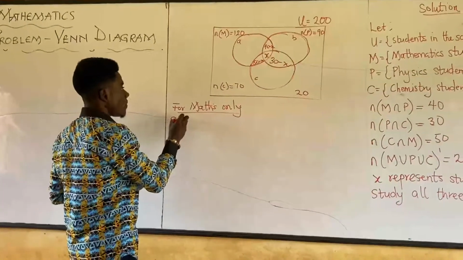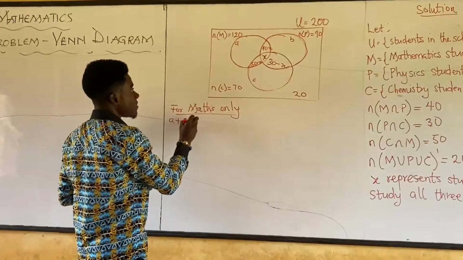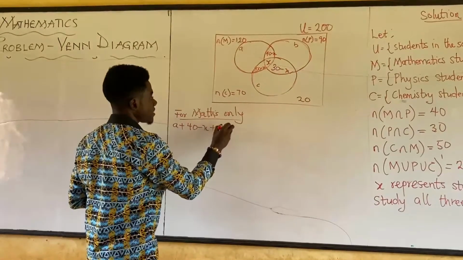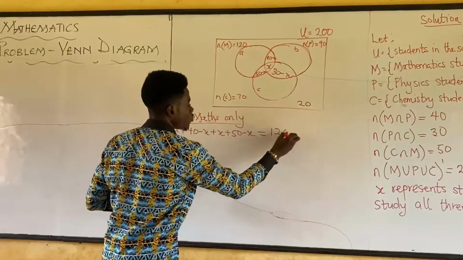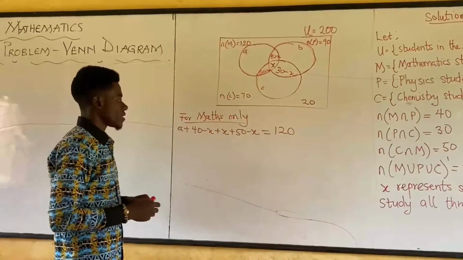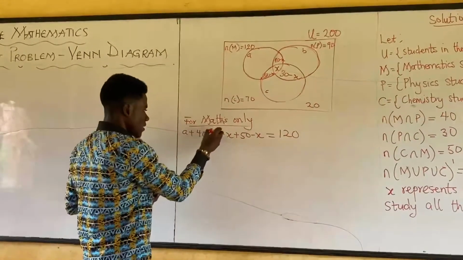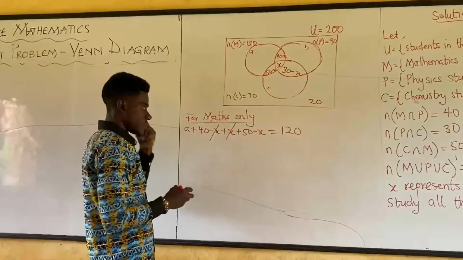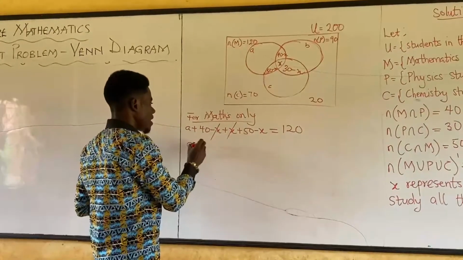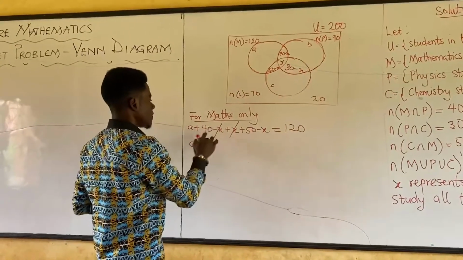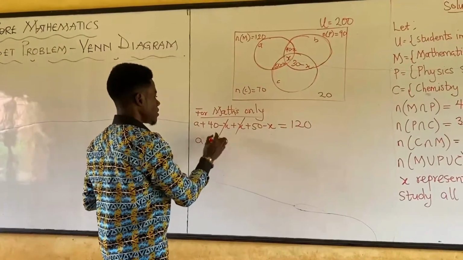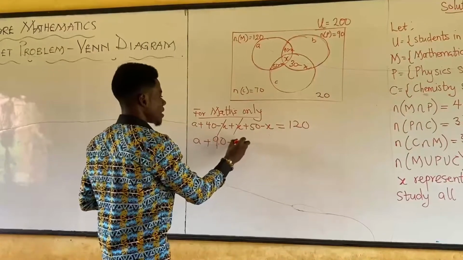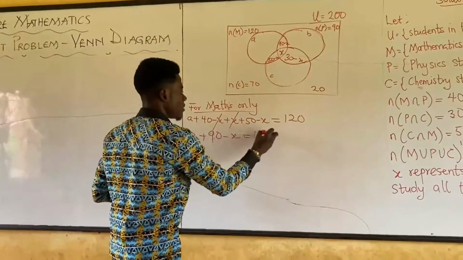So A plus 40 minus x plus x plus 50 minus x should give us 120. Negative x nullifies positive x. So we are now left with A plus 40 plus 50, which gives you 90 minus x, equal to 120.